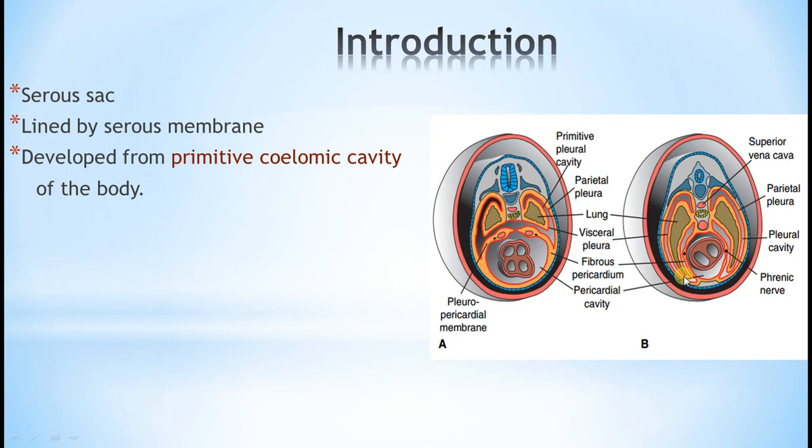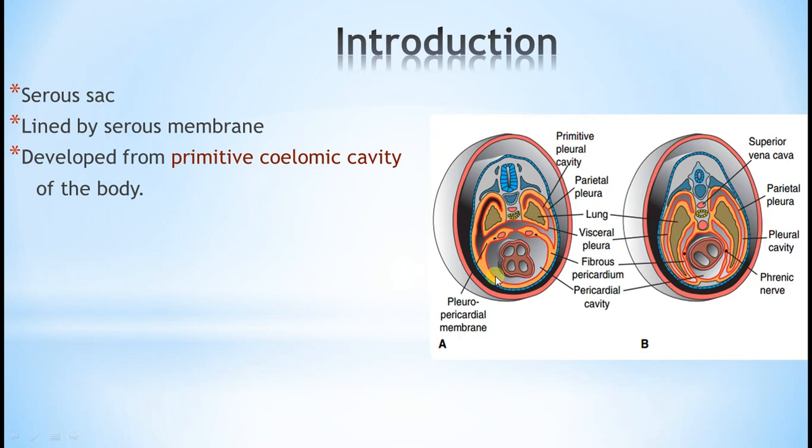Okay, so this is the case even for the heart, where you are able to see the pericardial cavity. Same way this is going to be the case in the abdomen also, that is the peritoneal cavity. You are able to understand. So they are all basically a coelomic cavity which is lined by serous membrane.